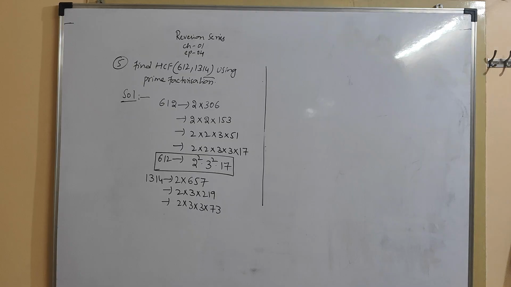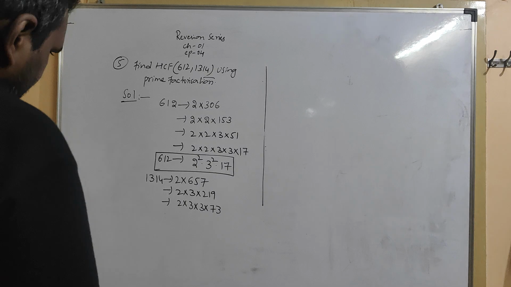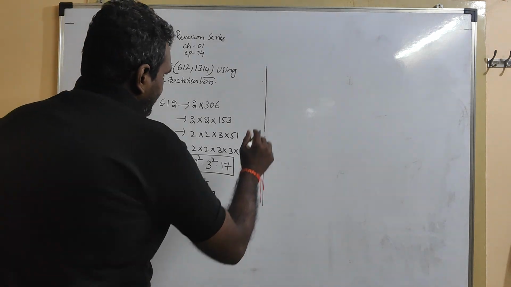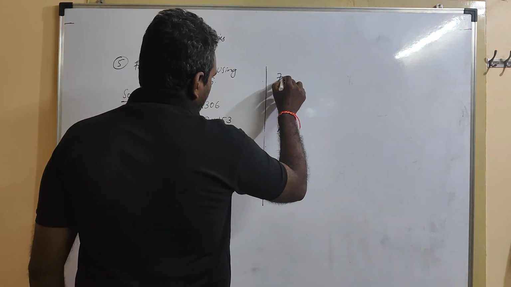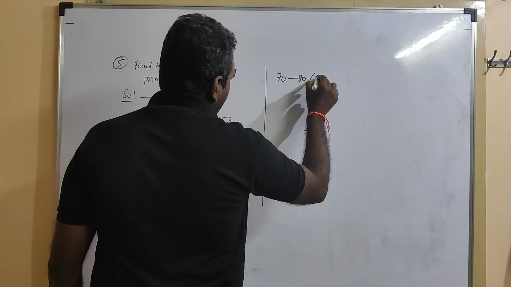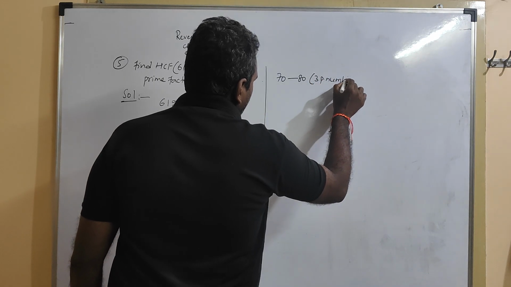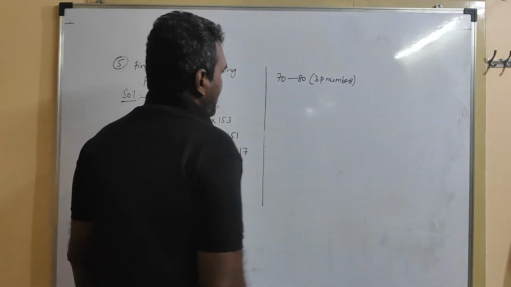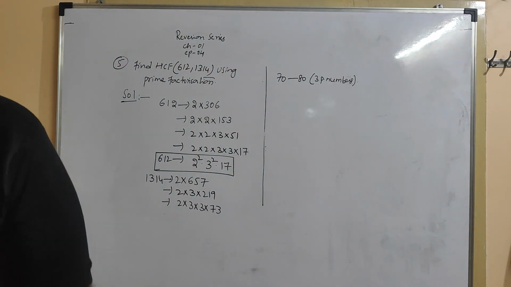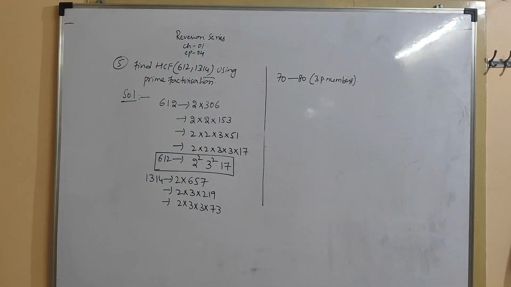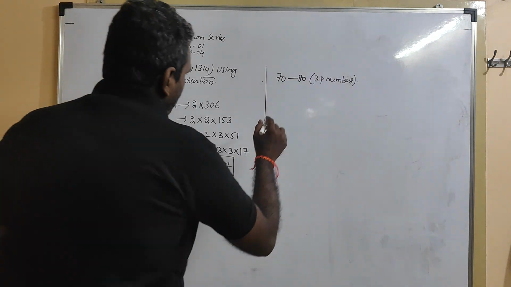Let me see. From 70 to 80, you will be having 3 prime numbers. What are the 3 prime numbers from 70 to 80?